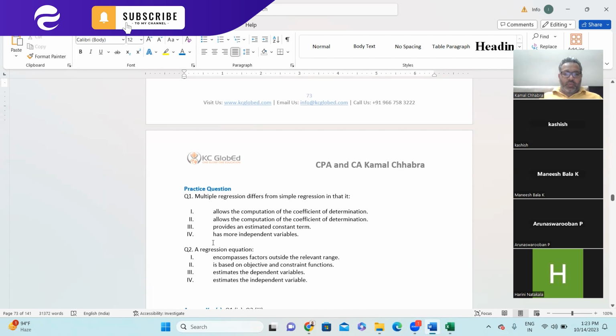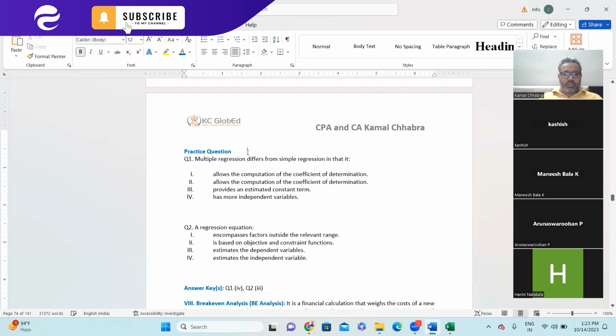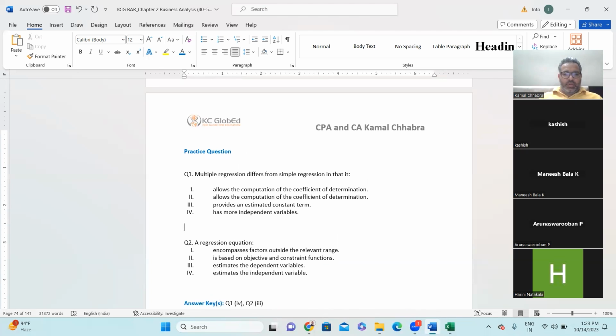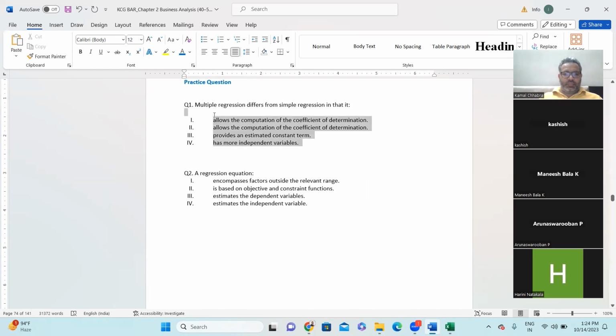Let's do a few questions over here. Okay, so multiple regression differs from simple regression in that it allows the computation of the coefficient of determination, or provides an estimate of the constant term, or has more independent variables.